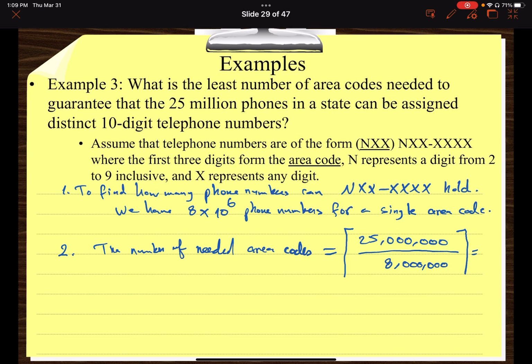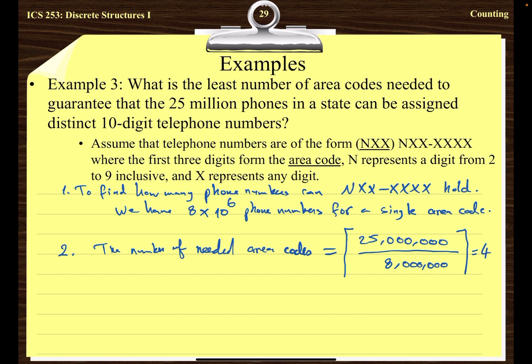This equals 4. 3 times 8 million is 24 million, and this is 25 million, so the ceiling is 4. Okay, guys, any question?